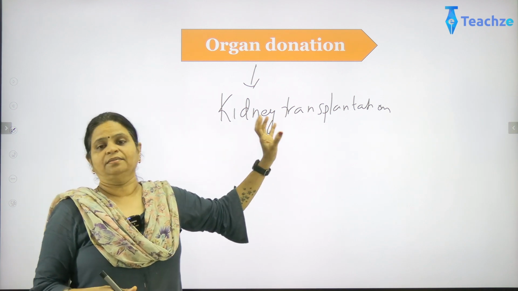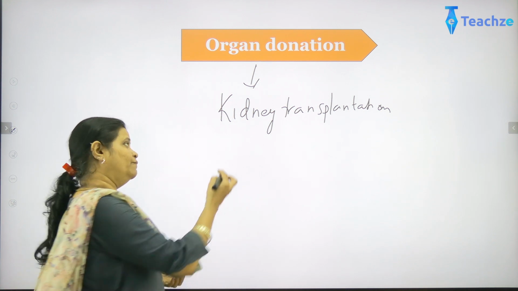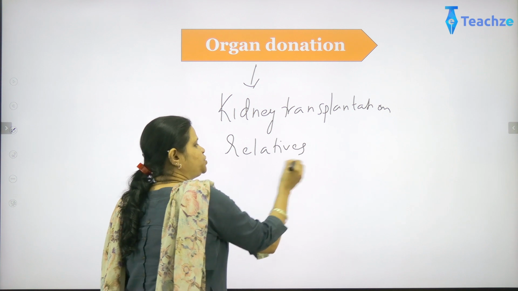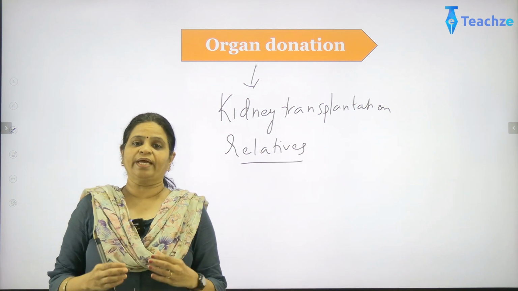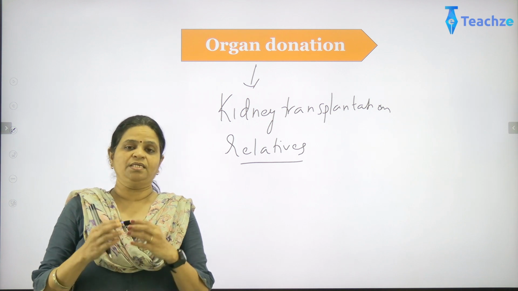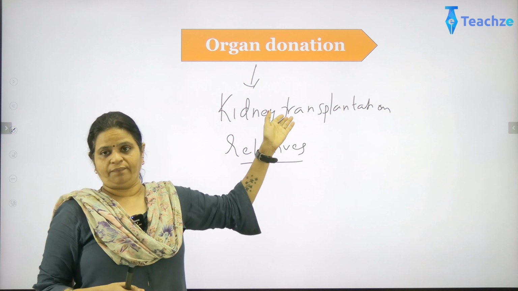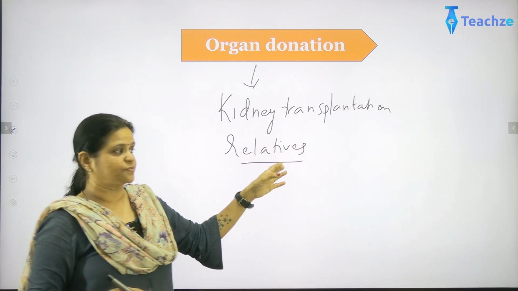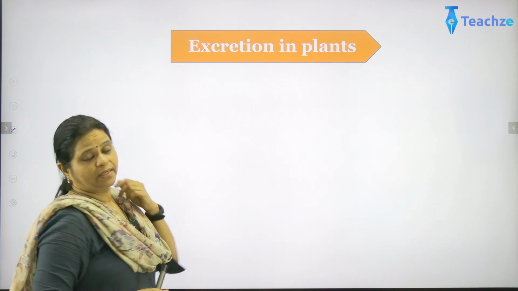Generally the kidneys are taken from very close relatives so that they match exactly. So for those patients where you cannot do anything about kidneys or hemodialysis, transplantation is the only way, and the people who generally donate are the closest relatives. Now this will be one of the ways we can escape.